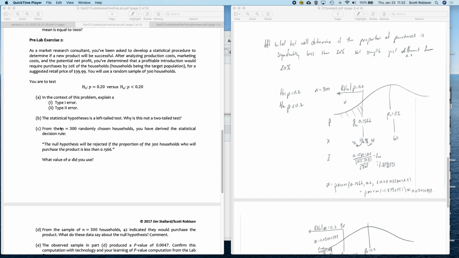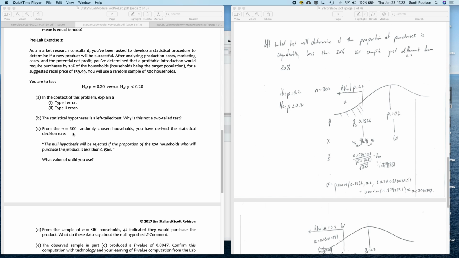Okay, so then it goes on and says the sample size is going to be 300. Really, we are hoping that the proportion of people who want to buy this is not less than 20%. However, we realize that when you take a sample, not every sample is going to be perfectly accurate when compared to the whole population.